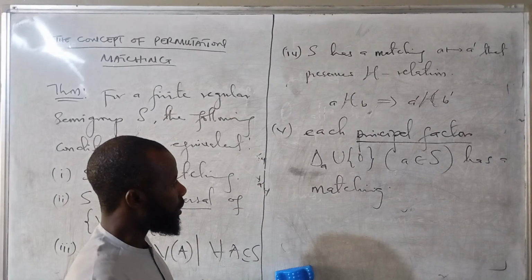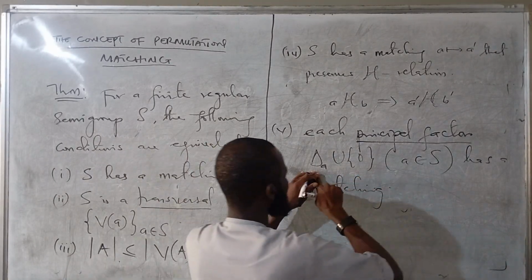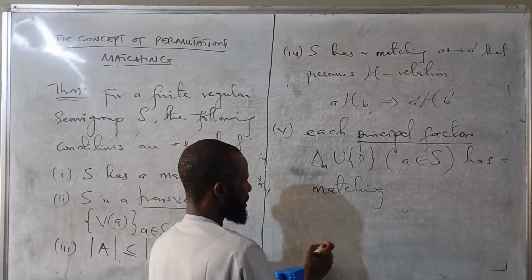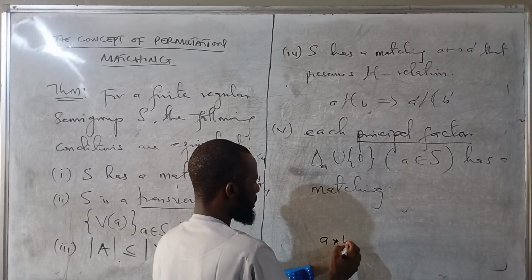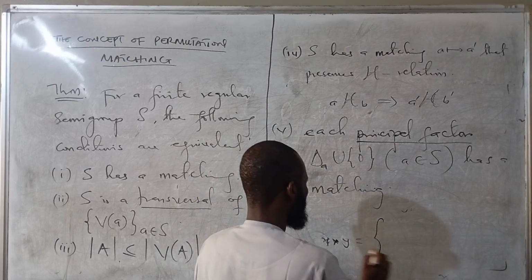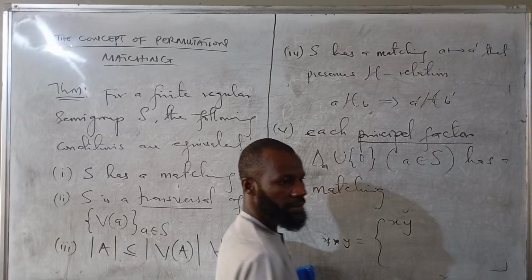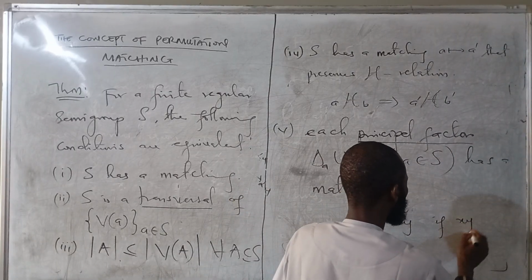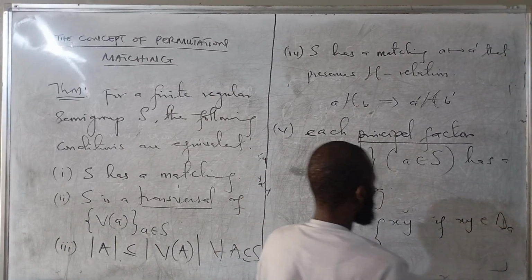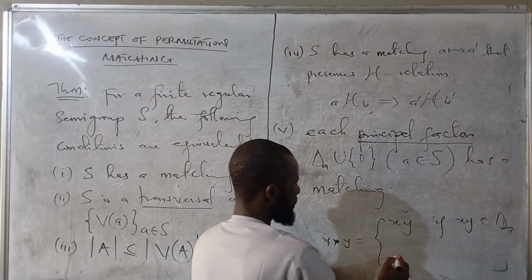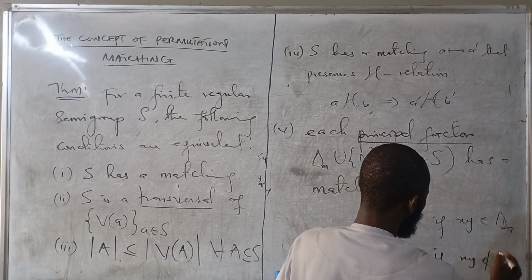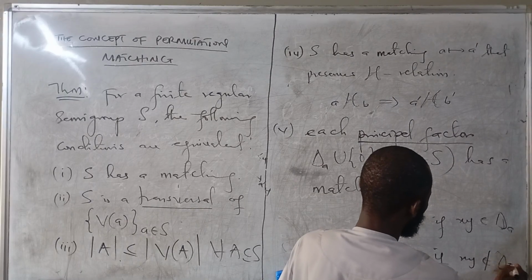So you adjoin a 0, and then you define a new operation in the D class, x star y, to be xy if the product is already in that D class. Otherwise, that is if xy falls out of the D class, you declare it to be 0.